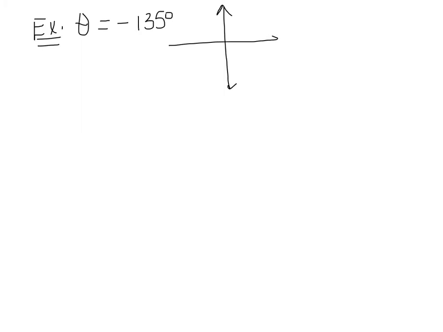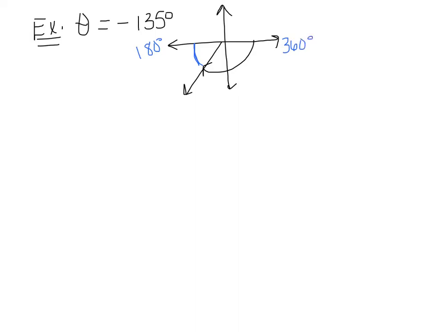Now, what happens if the angle they give us is negative? So if you think about it, negative 135 degrees will be in quadrant 3. So we want this angle. So is it closer to 180 or 360?